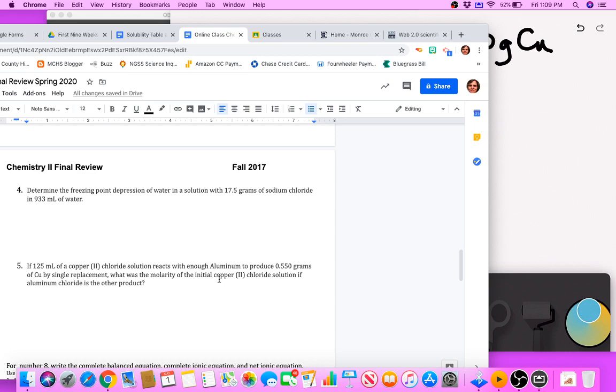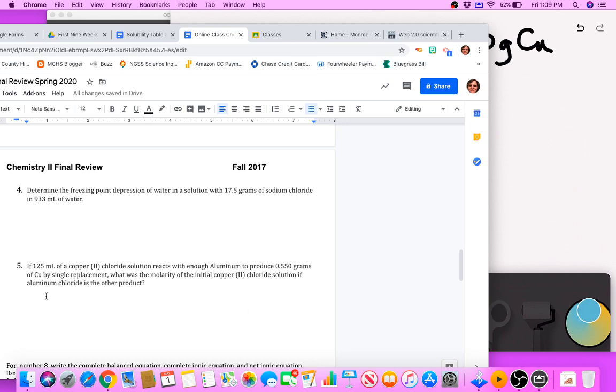We're going to be reacting CuCl2, which is copper 2 chloride. It says it reacts with enough aluminum, so it's going to react with aluminum, and it's going to be single replacement, and we're going to get aluminum chloride. And we're also going to get Cu. It tells us here it's going to produce Cu.